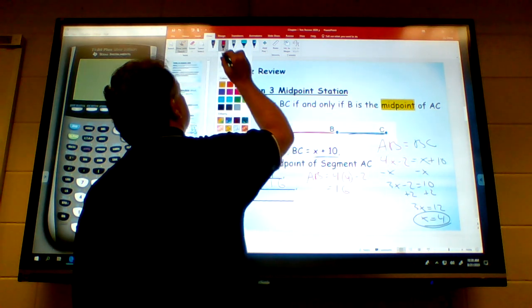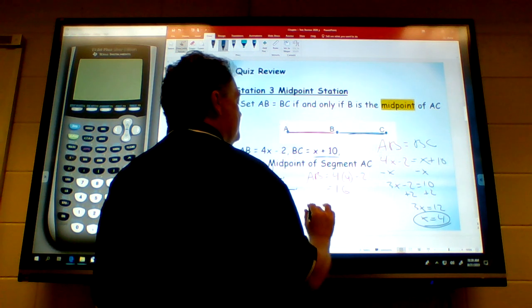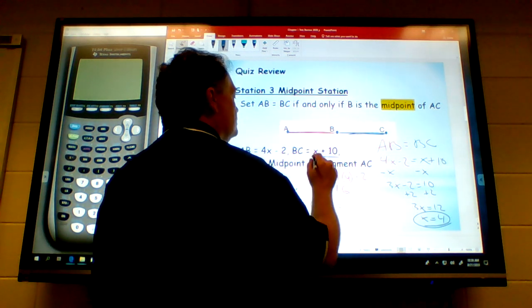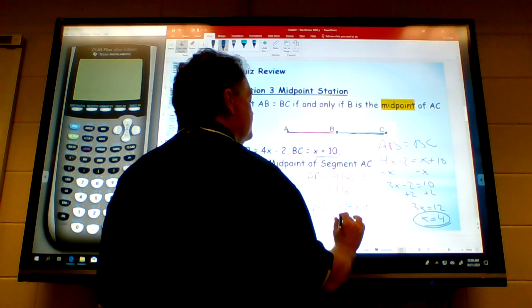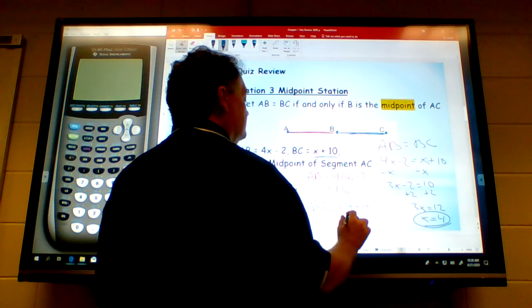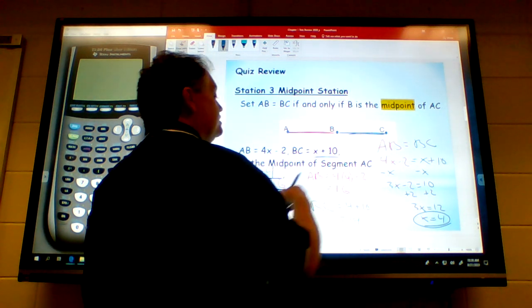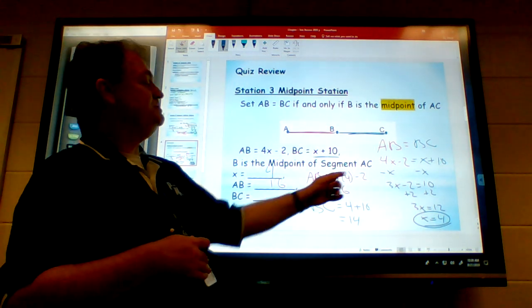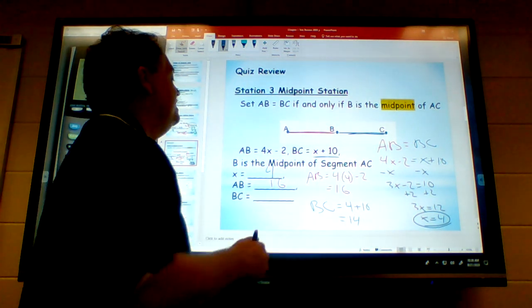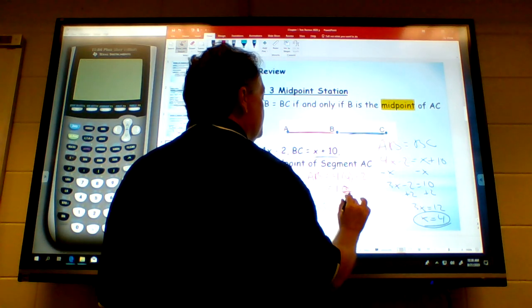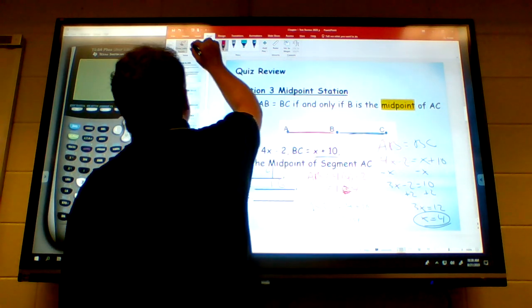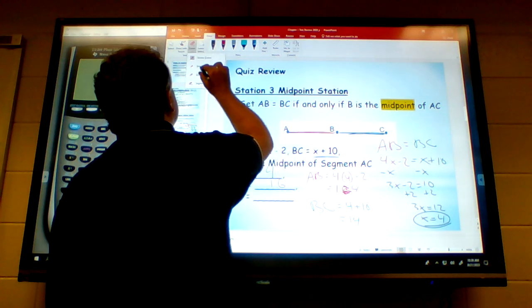And BC equals 4 plus 10, which is 14. And I just made a typo. I was looking at this one when I said 16. It should be 16 minus 2, which is 14. So let me go ahead and fix that, and I apologize for that.